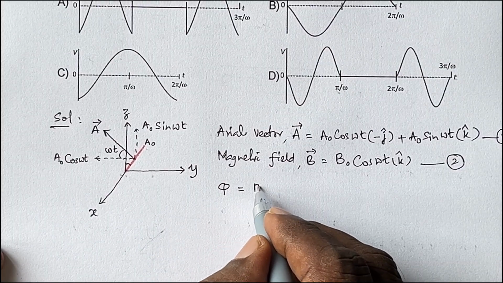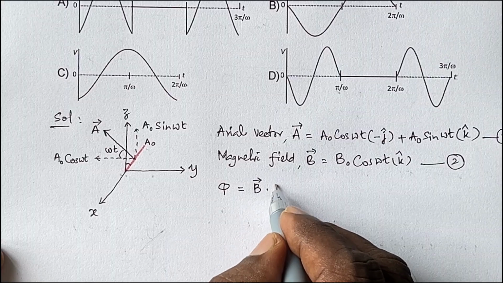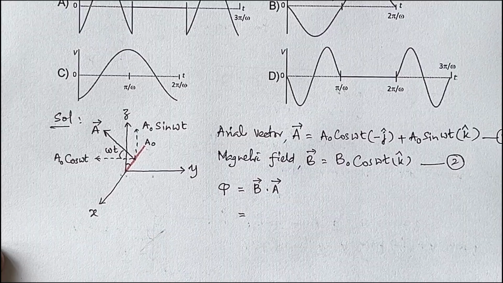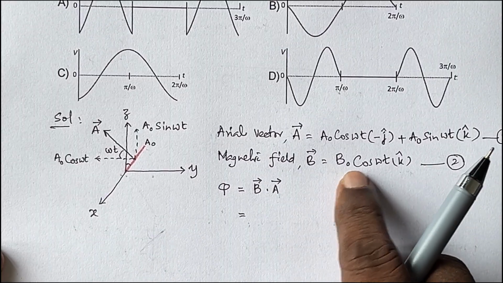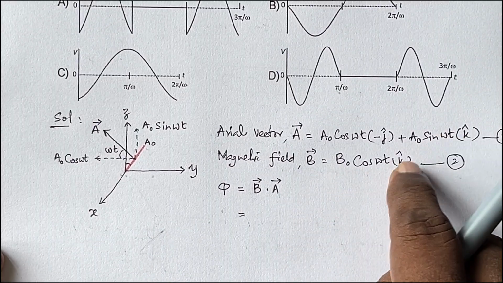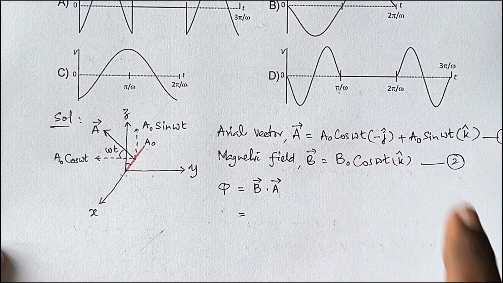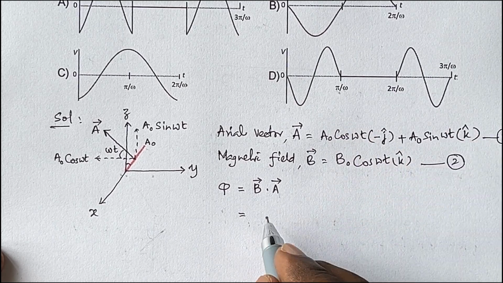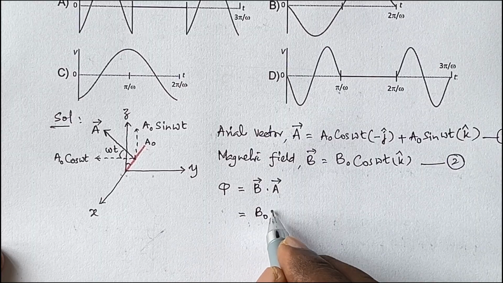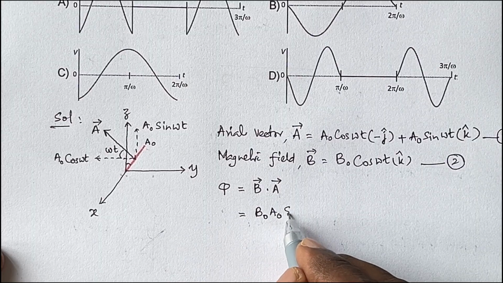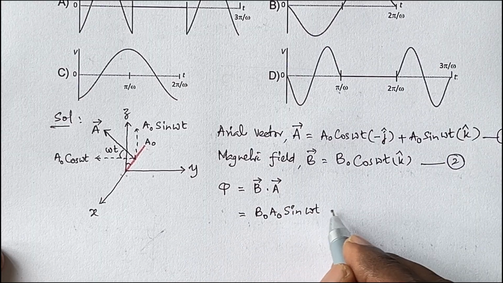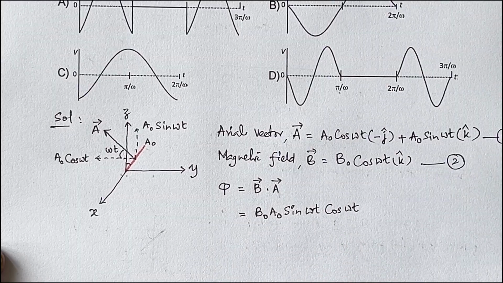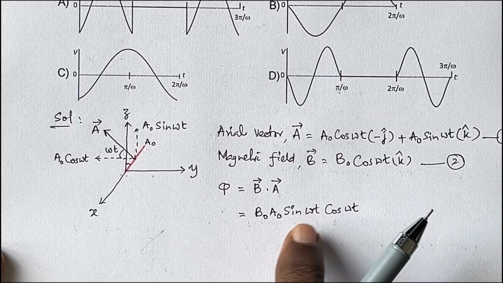So we can have the flux from these two physical quantities. What is the flux formula? B bar dot A bar. B bar is this one and A bar is this one. Only the k cap term stands, the remaining becomes 0. So this is B naught A naught sin omega t cos omega t. So this is sin theta cos theta.